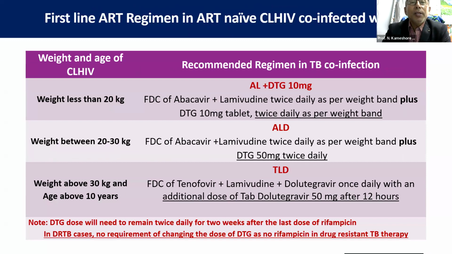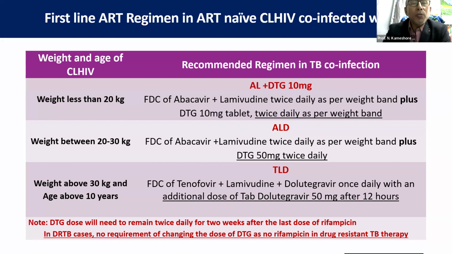So let us see the first line ART regimen in ART-naive children living with HIV who are co-infected with tuberculosis. If the weight is less than 20 kg, then we give abacavir, lamivudine twice daily as per the weight band, and DTG, which is given twice daily as per the weight band.